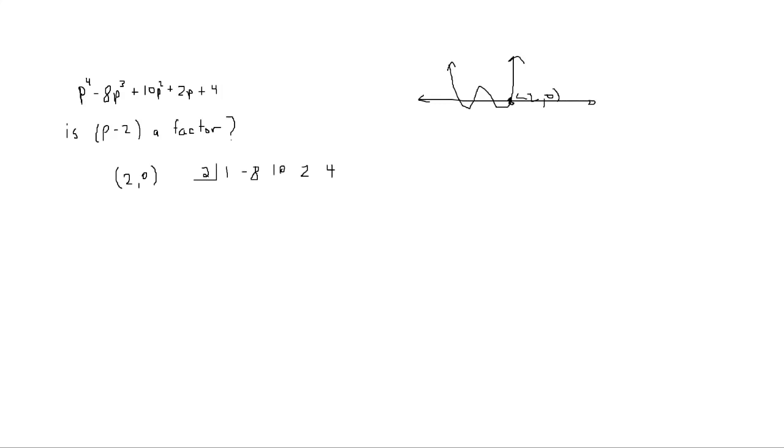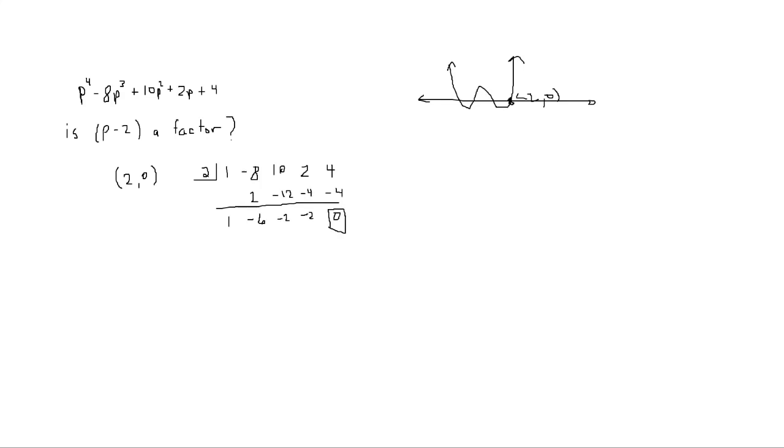And now we just do the synthetic division, right? So that's going to give me a 1 here, a 2 here, a negative 6 here. Now, if you think I'm going a little fast, it's because we've already learned how to do this, right? We should know how to do this by now. And as sure as I said that, I will be the first one to make a mistake. So let's see. 2 times negative 6 is negative 12. And if I add this column here, that would give me a negative 2, which will give me a negative 4 here, which will give me a negative 2 here, and finally a negative 4 here, which gives me a 0 as a remainder.